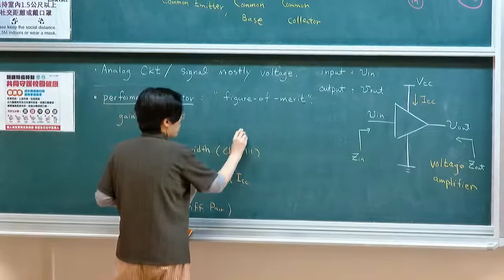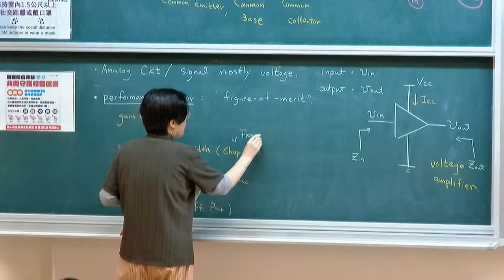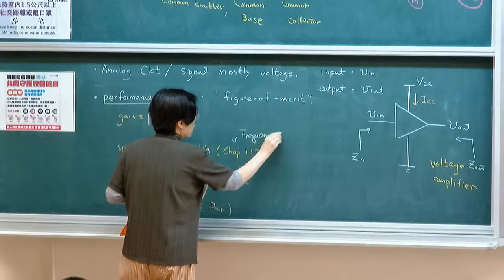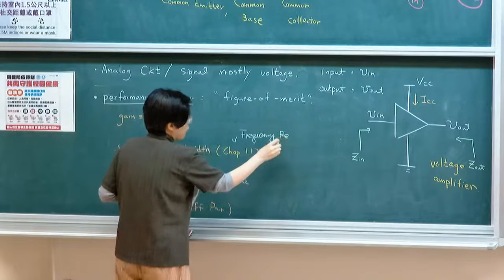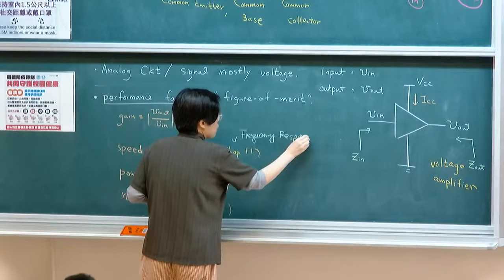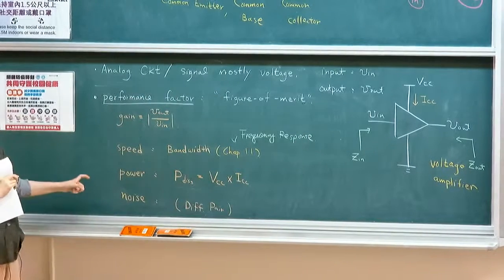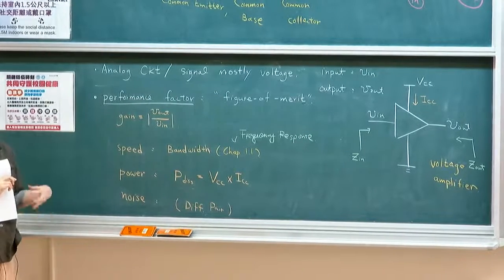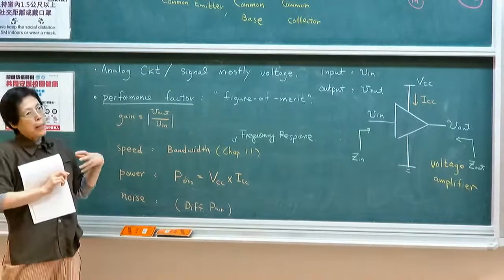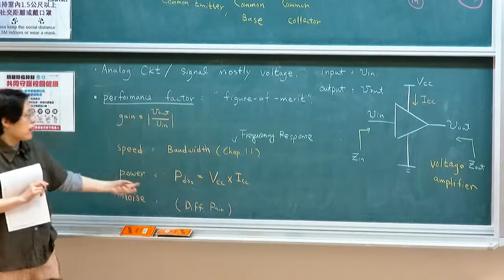So how wide a bandwidth can this circuit have? And then the next thing, of course, is the power. What is your cost in operating the circuit? That's the power.